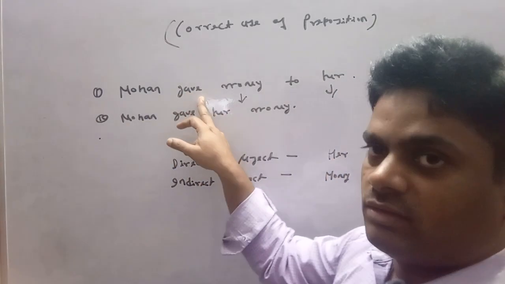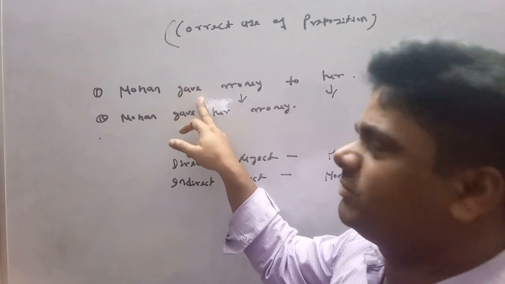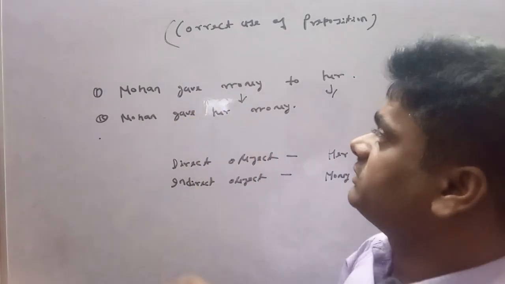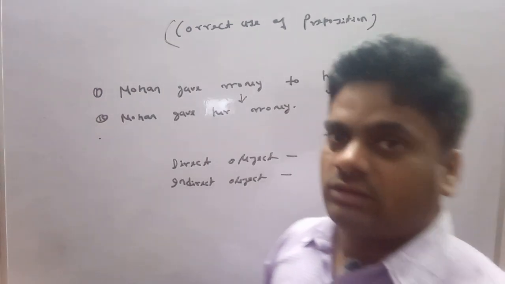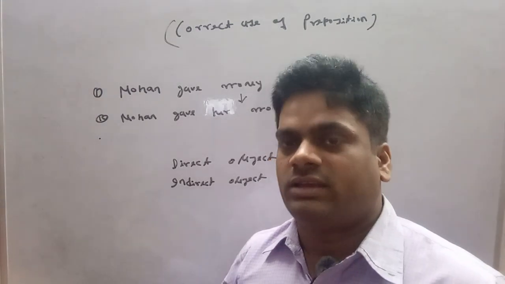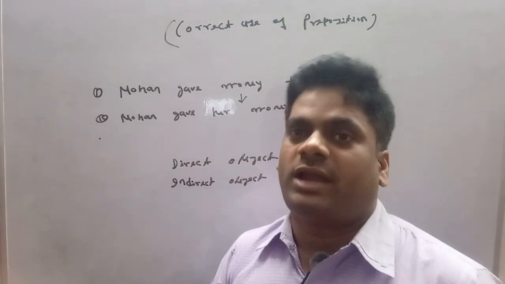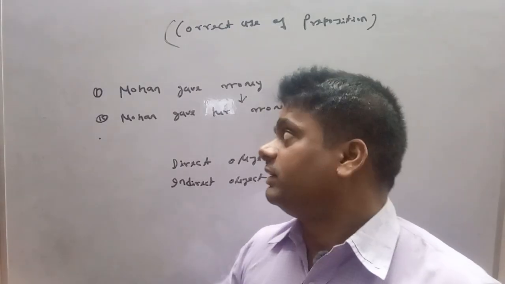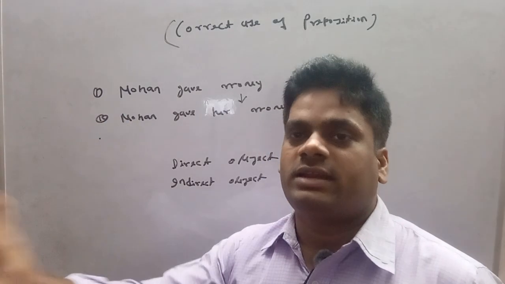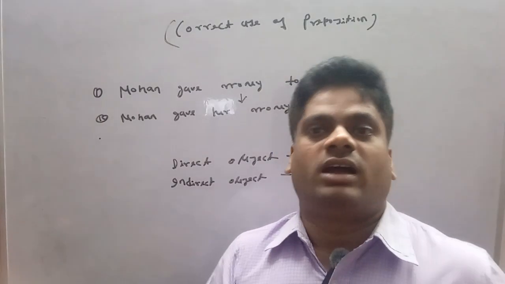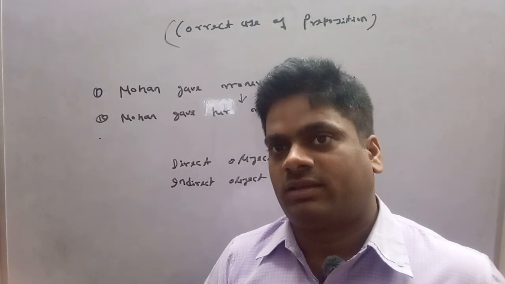Mohan gave whatever, which thing we don't know. If it is money, then the process of giving must be with a noun or pronoun. It means it would be a man or woman. If Mohan is going to give anything to anybody, it means there would be either a male or a female.